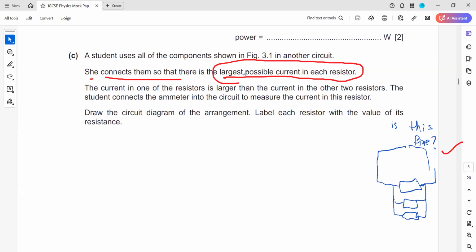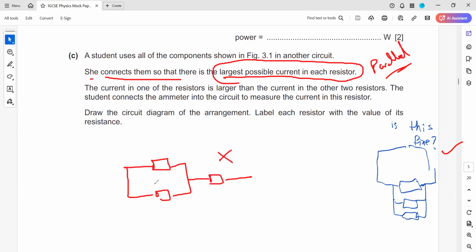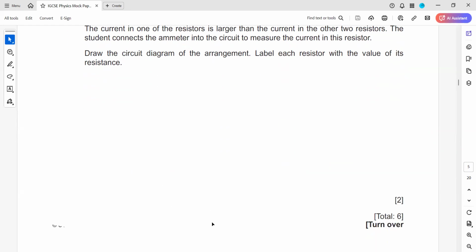It means we want to reduce the total resistance of the circuit, and total resistance can only be reduced by connecting them in parallel. So two in parallel and one in series is not acceptable, and two in series and one in parallel is also not acceptable. It should be all in parallel. So 1 mark is for drawing the parallel resistors, and 1 mark is for connecting an ammeter in series with the 100 ohm resistor.